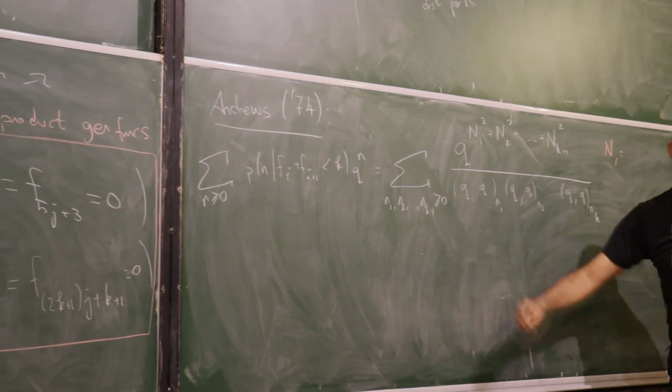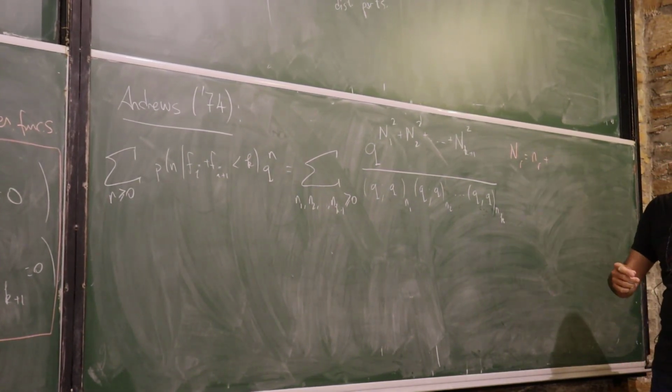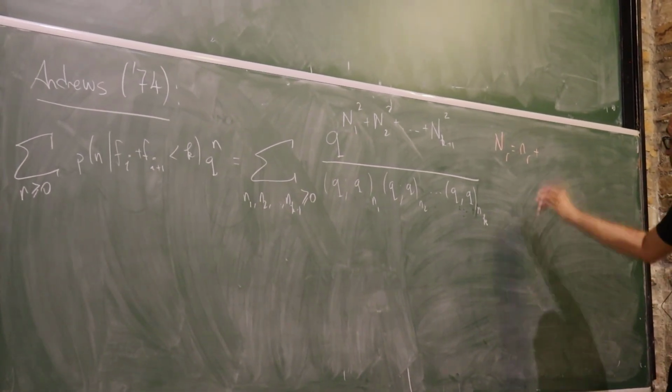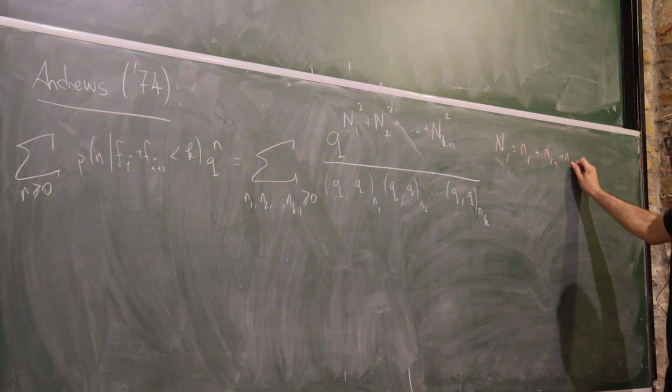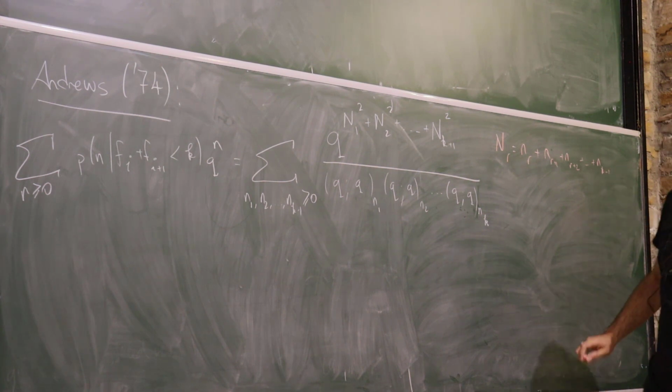You start with a given index, n sub r, and you add your way up to the increasing index side: n sub r plus n sub r plus 1, n sub r plus 2, up to n sub k minus 1.